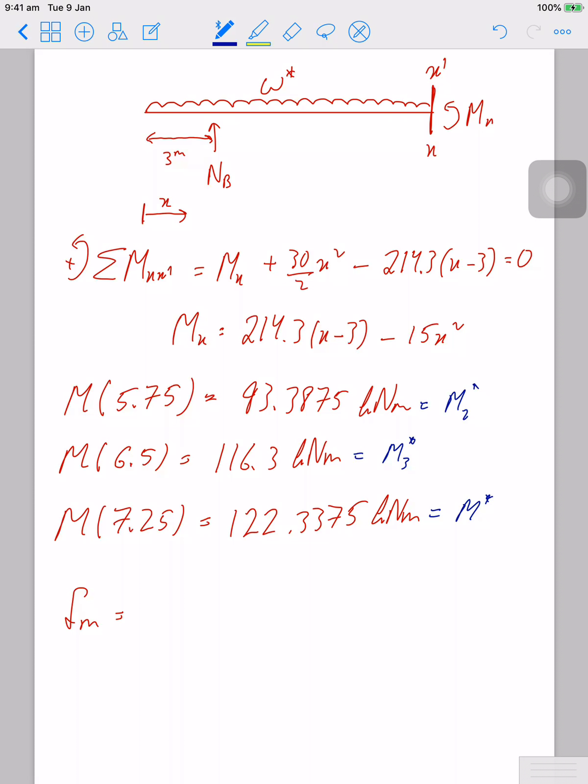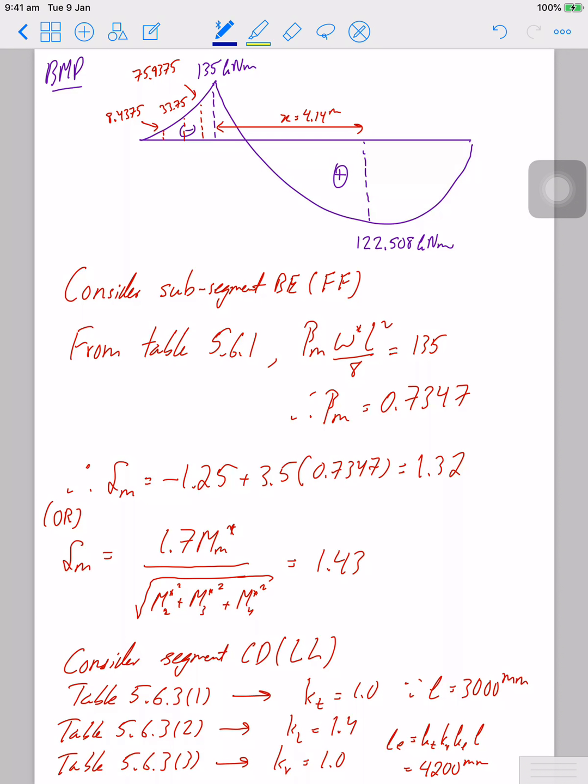My bad, that's M4. And then M star m is going to be equal to 122.508. And that's actually the moment from here.